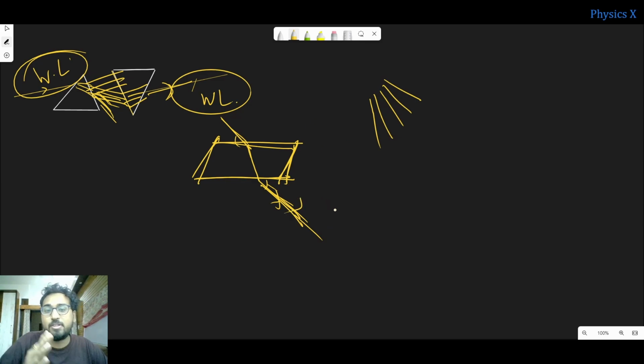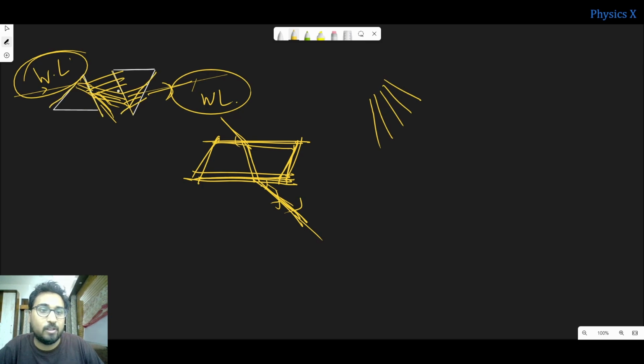There is no deviation from the incident ray. Whatever refraction is done here is restored when it enters the second plane, because these two planes are parallel. This one and this one are parallel, and this one and this one are parallel. So two prisms act as a single glass slab, and finally you will observe white light only.